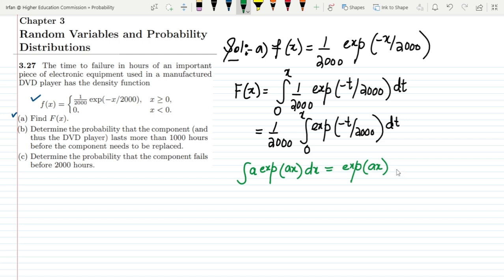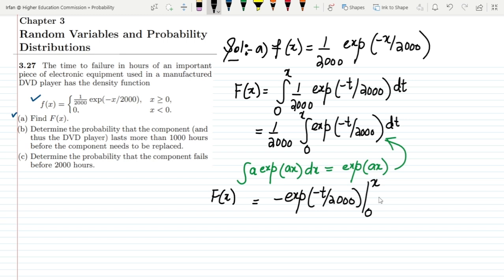Let me apply the same here. The negative sign makes it minus exponential of minus t divided by 2000, with the range from 0 to x.